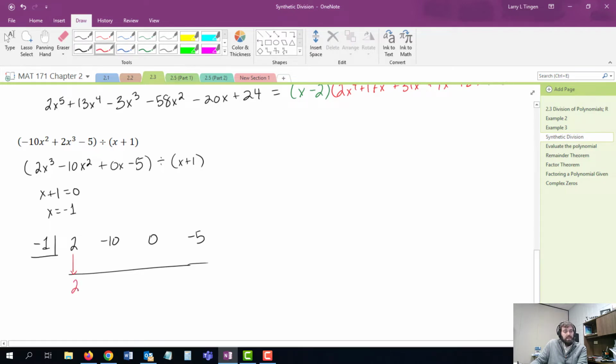Bring the 2 down. Negative 1 times 2 is negative 2. Add those. Negative 10 plus negative 2 is negative 12. Negative 12. Ooh, that's not in red, Larry. Come on now.